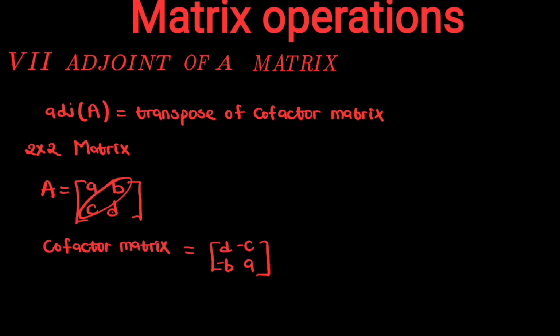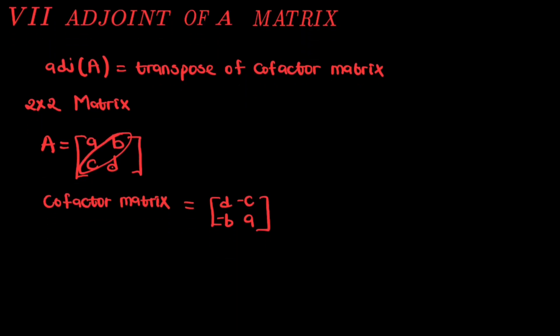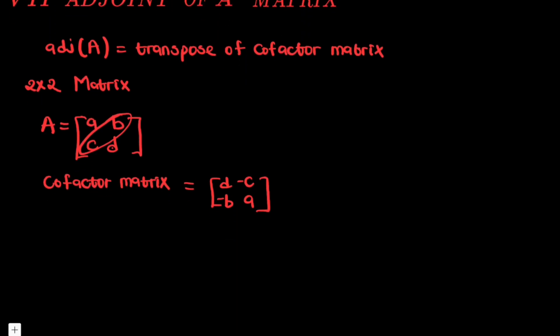So the adjoint of A is equal to the transpose of the cofactor matrix. So now we have to take the transpose of this matrix. Remember, the row becomes the column.